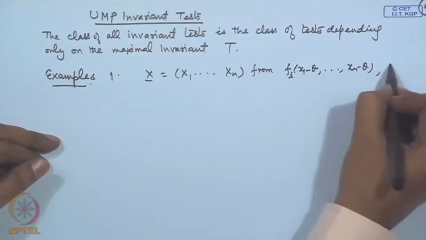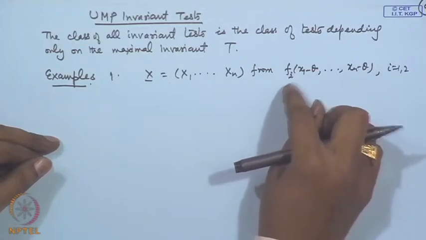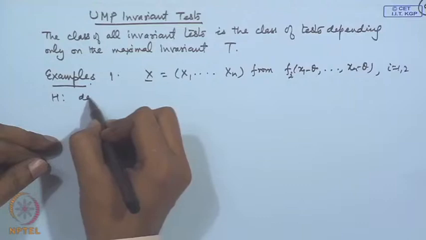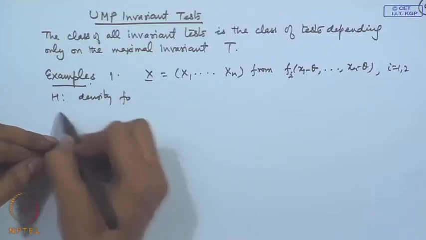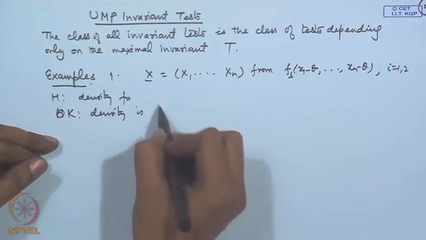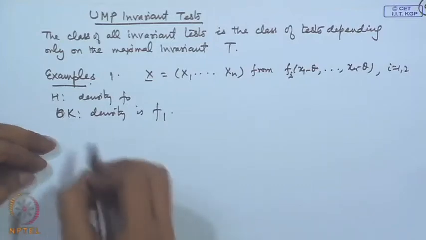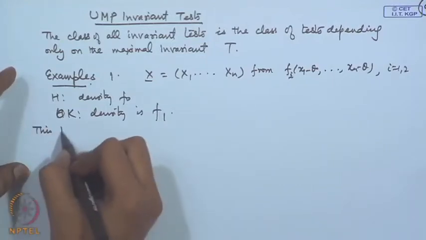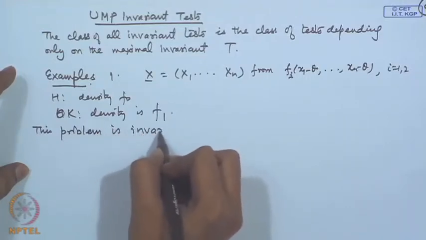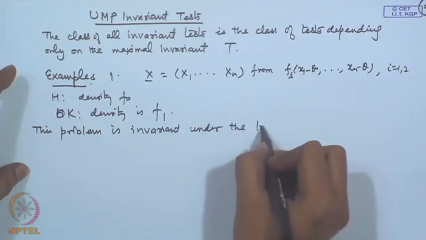I am writing 2 here, because when we are doing the testing problem, I can consider 2 particular forms here. H_0: the density is f_0 and H_1: the density is f_1. So, this problem is invariant under the translation group.